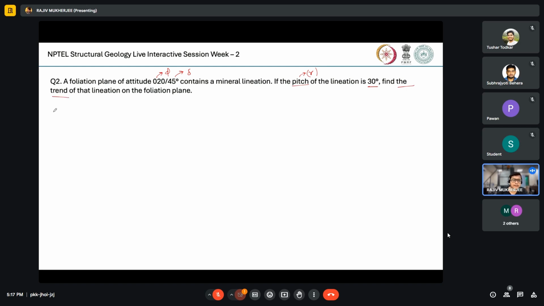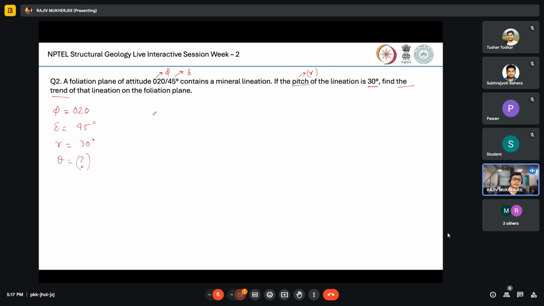So again we have phi 0 to 0, delta which is 45 degrees, and the rake or the pitch as 30 degrees. And then we have to find basically the theta.